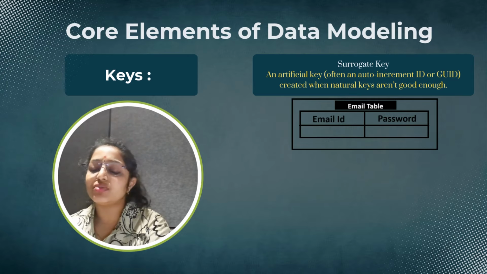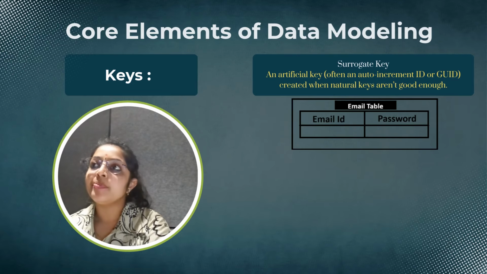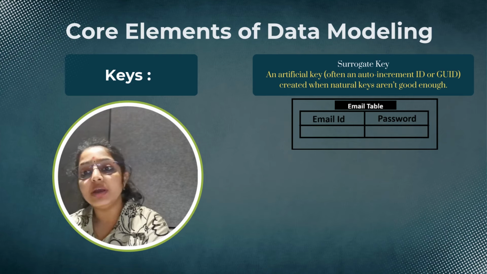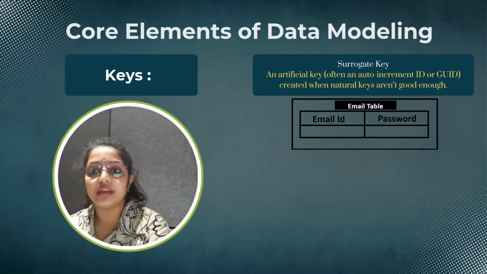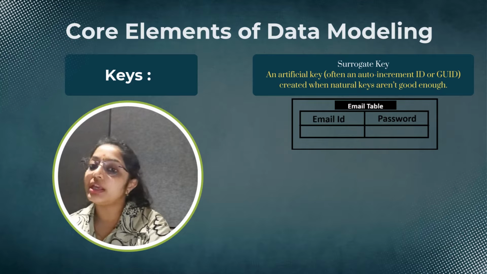Okay, so here we are trying to log in and match the email id and password. What can I make here as a primary key? Because a person can change email id anytime, and a person can change password also anytime he or she wants. So in this case, deciding primary key becomes a very difficult task.